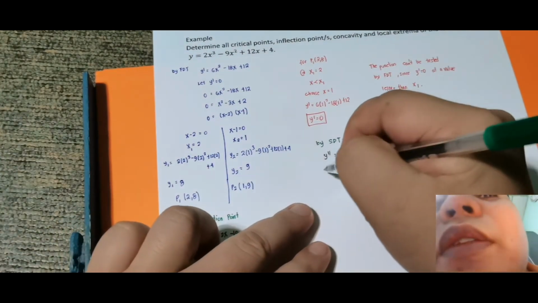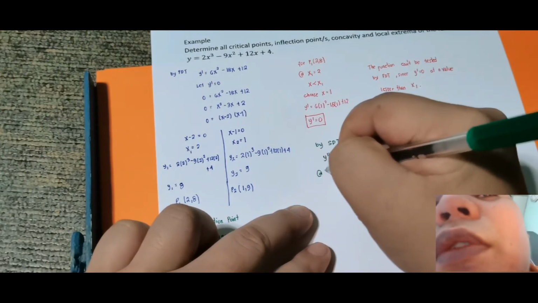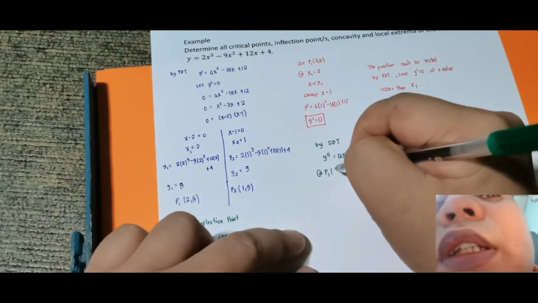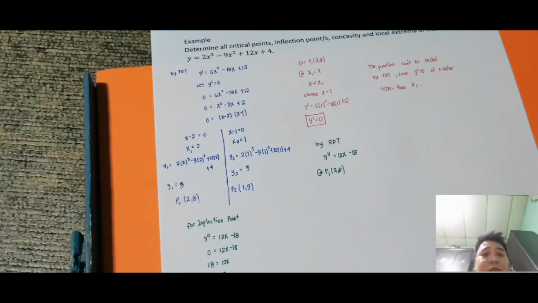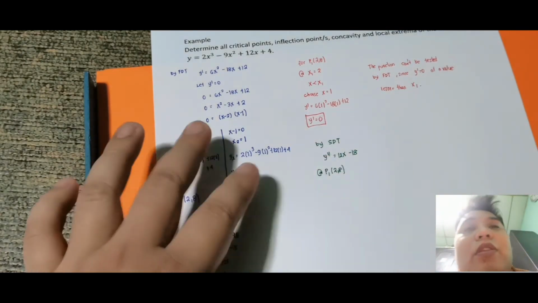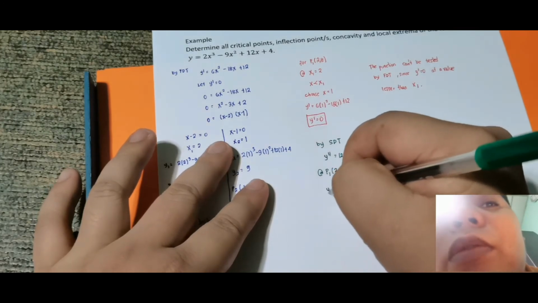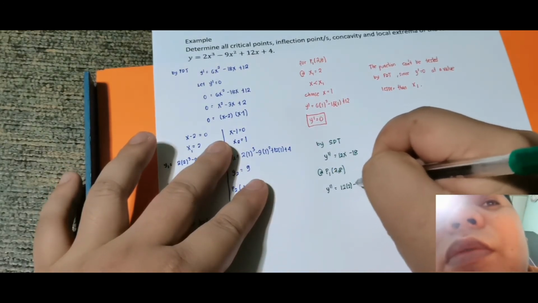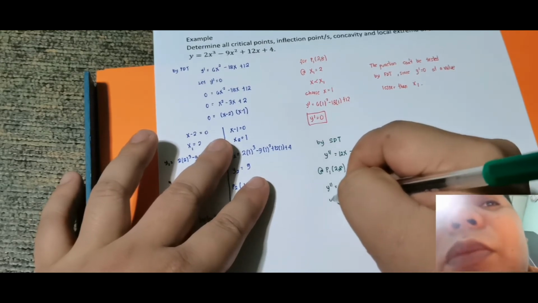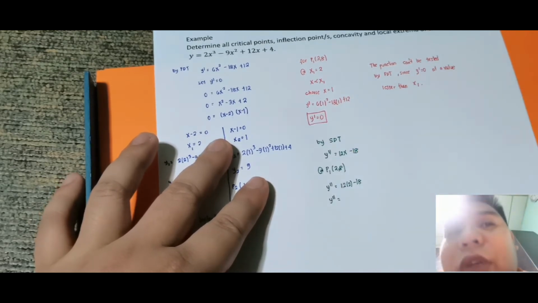So, at P1, that is 2, 8. So, gagamitin ko yung 2, substitute ko doon. So, check ko yung value ng y double prime. So, y double prime is just equals to 12 times 2 minus 18. Okay? So, obviously, y double prime is just equals to 24 minus 18.